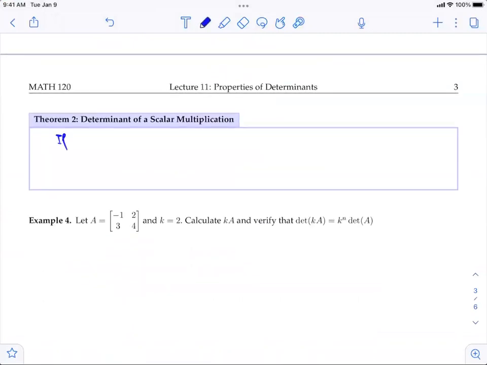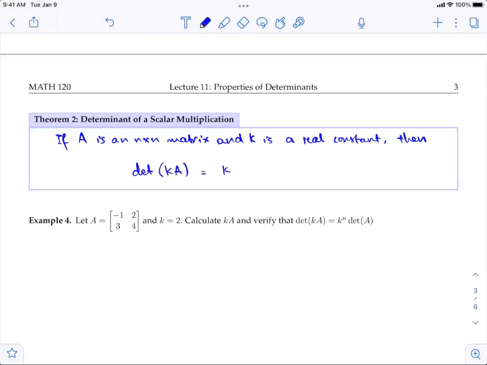If A is an n by n matrix and K is a real constant, then the determinant of K times A is equal to K to the power n, where n is the size or the dimension of the rows or columns, times the determinant of A itself.